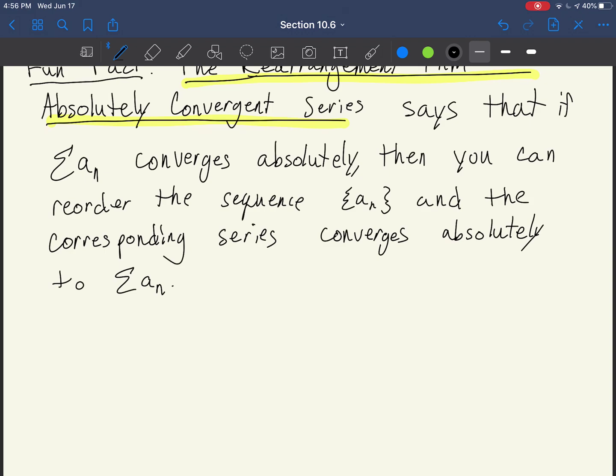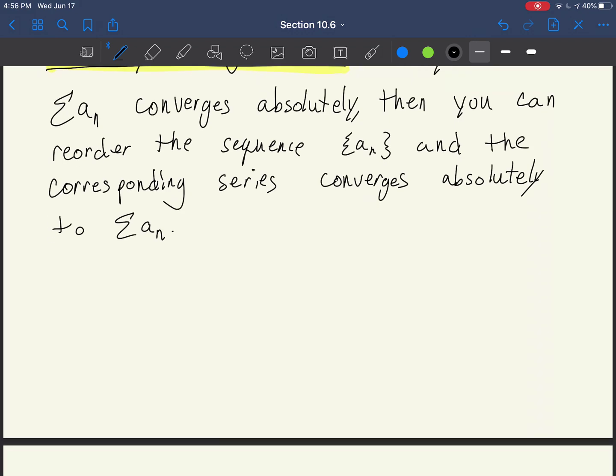And moreover, it converges to the same thing that the summation of an converges absolutely to.